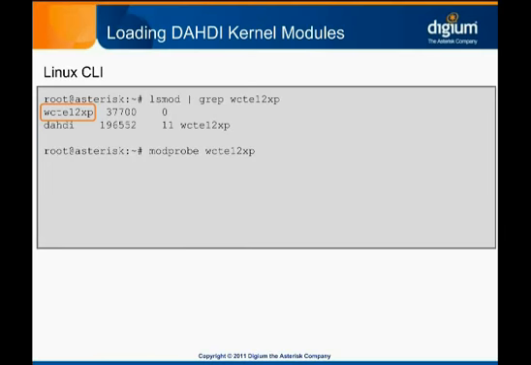If the modules aren't already loaded, you can load them manually using the modprobe utility. The module you want to load should be passed as an argument to modprobe. Here we run modprobe WCTE12XP. This will also load the DAHDI.ko module and any other DAHDI modules required to operate the card. Next, we can apply the DAHDI configuration we defined in /etc/dahdi/system.conf.